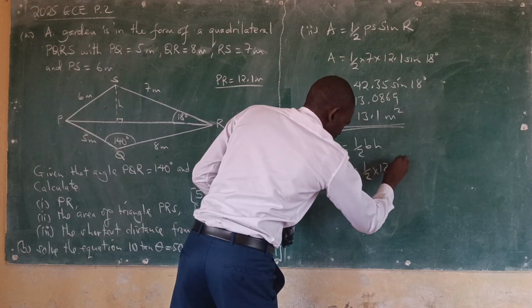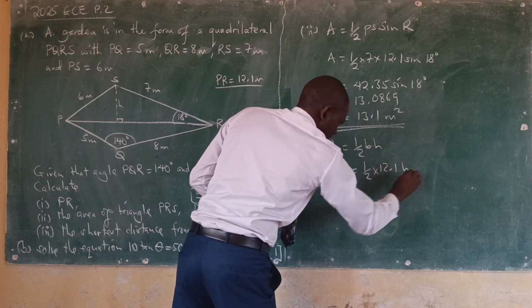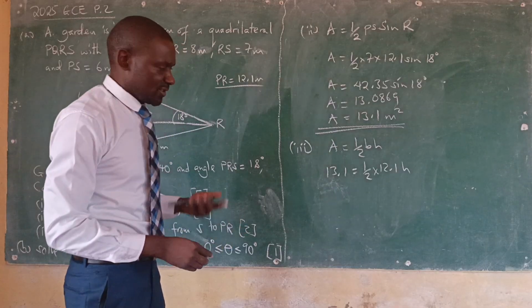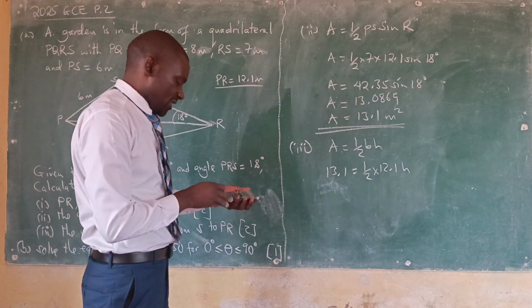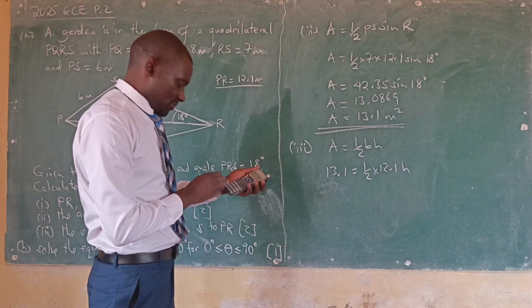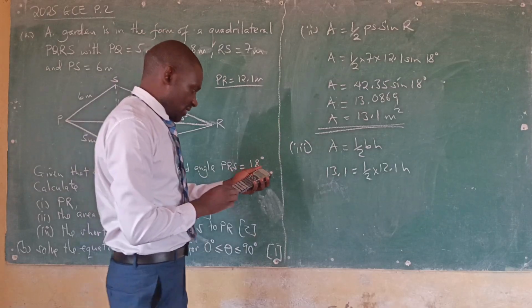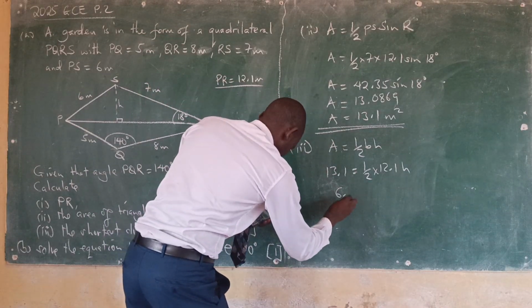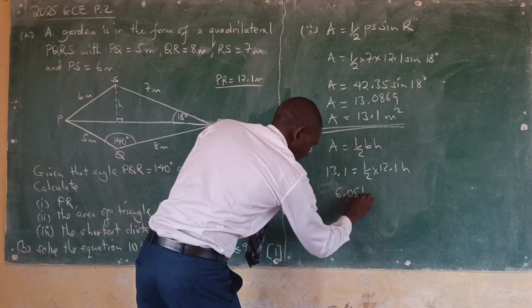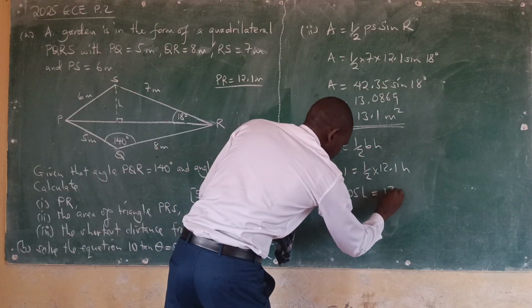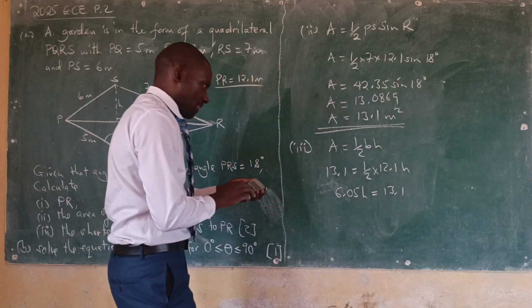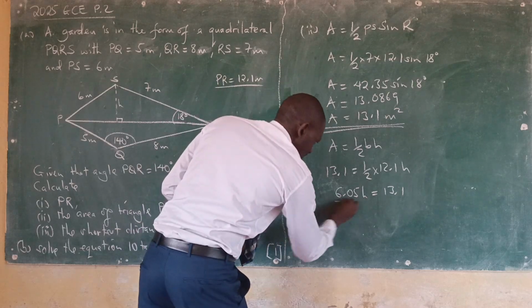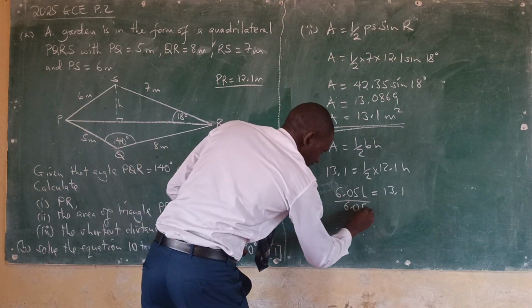So times 12.1, and then we find the h. The h will be the shortest distance. So from there, let's say 12.1 divided by 2, it's giving us 6.05, h being equal to 13.1. So we just divide through by 6.05.